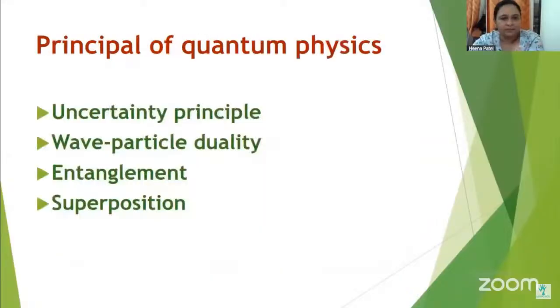And of the principles of quantum physics, I have given just a few. Uncertainty is a principle. Why uncertainty? Because whenever we get such a kind of environment, only then the seed of good or bad experiences starts growing. It's like a seed in the soil. If the rain comes, then it grows.